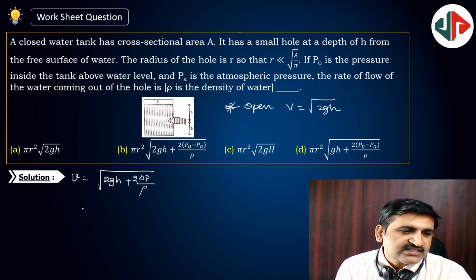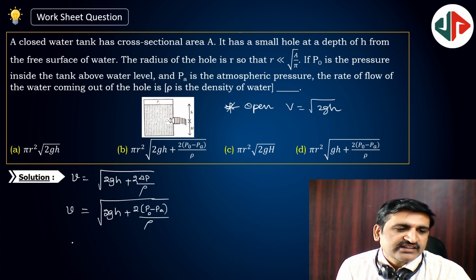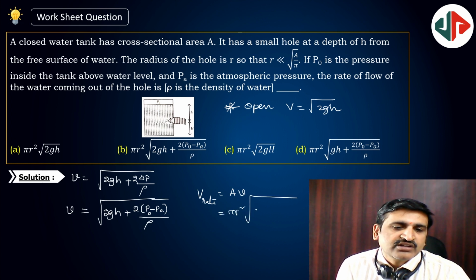So this efflux velocity will become root of 2gh plus 2 into (P naught minus Pa) by rho, where Pa is atmospheric pressure. So this is efflux velocity. Then volume rate is equal to AV, cross section area into velocity. So pi r square into square root of 2gh plus 2 into (P naught minus Pa) by rho.